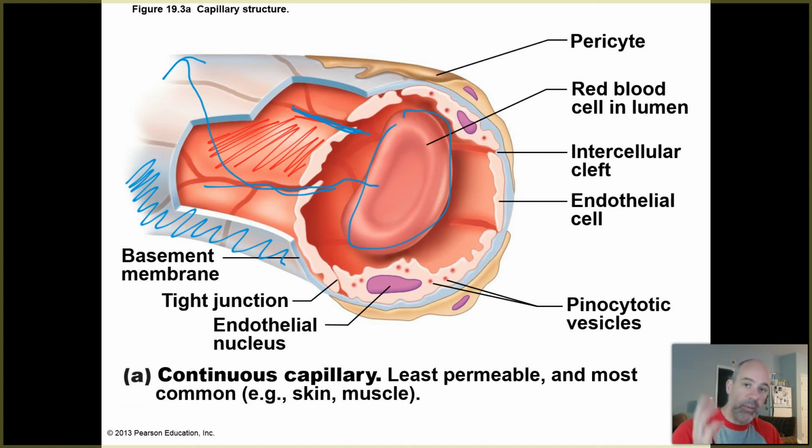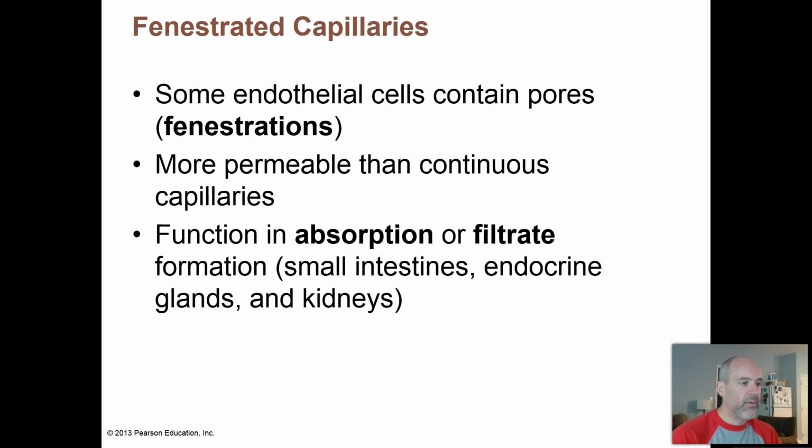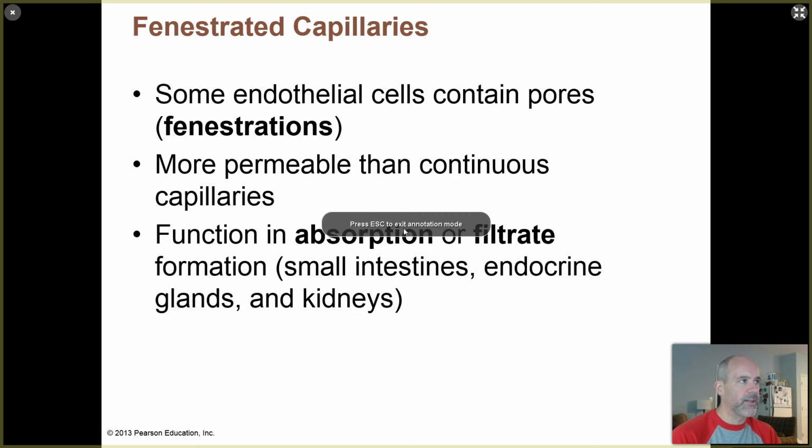Notice your continuous capillaries, of these three major types we're going to be talking about, they're actually the least permeable. That means that they're not quite as leaky. It's not as easy for substances to move in and out of that particular type of capillary.